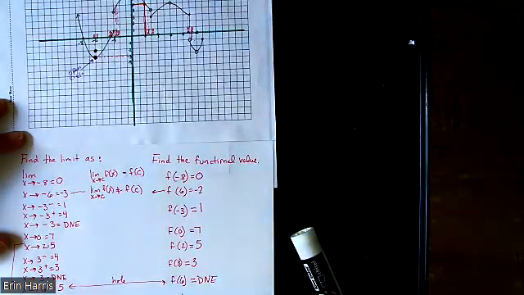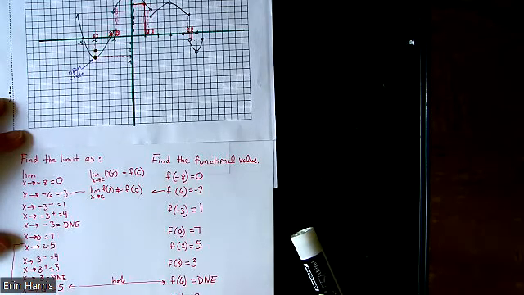That surprised me for a second, but that would be -1. Again, left and right don't match, so DNE on the limit. But f of 9, so that closed circle is at 3. Okay, so f of 9 is 3. The closed circle is the functional value.